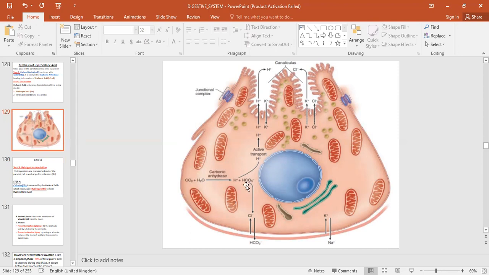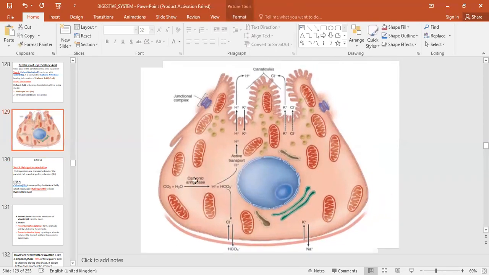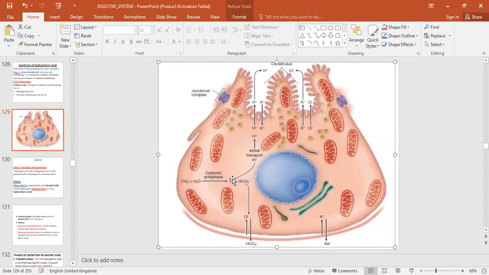These are the cells that produce hydrochloric acid. So when carbon dioxide mixes with water, in the presence of carbonic anhydrase, an enzyme found in this cell, this enzyme breaks down that. So we're going to have hydrogen ions plus carbonic acid. Hydrogen and carbonic acid. We are interested in hydrogen. Okay.